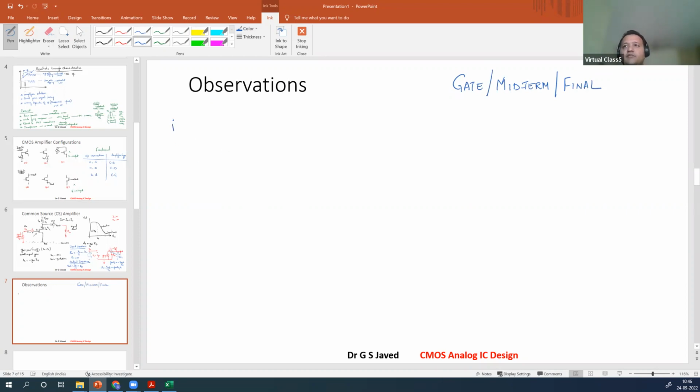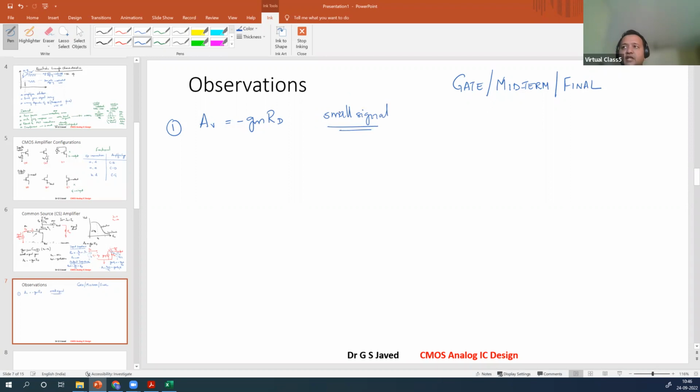First observation is your gain. Your voltage gain is minus gm RD. Now, what does this mean? If the gain changes due to the input, what do you get? Now gm is defined for small signal. Always remember, gm is defined for small signal.